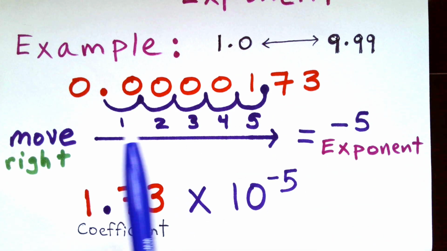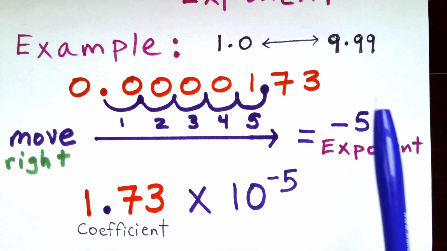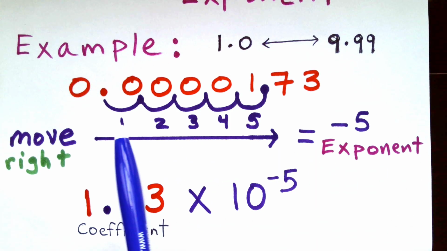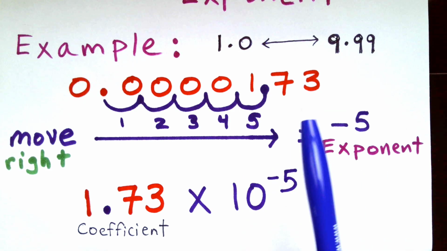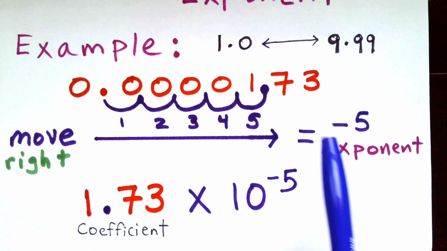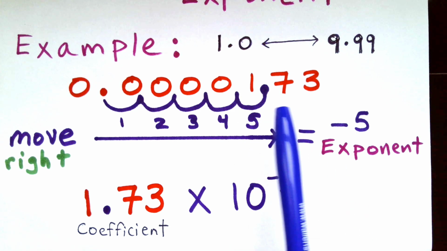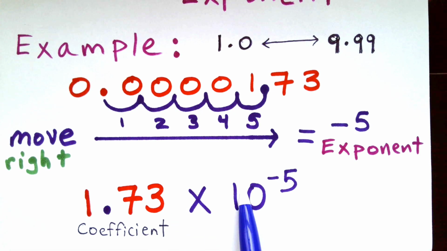Yes. And the rule is, again, you move that decimal to the right, it's going to be a negative exponent. How many times did I move this decimal to the right? I moved it 5 times, so it's a negative 5 exponential value. And what was my coefficient now? My new coefficient is 1.73. I'm going to put that 1.73 new coefficient right in front of that times 10 value.